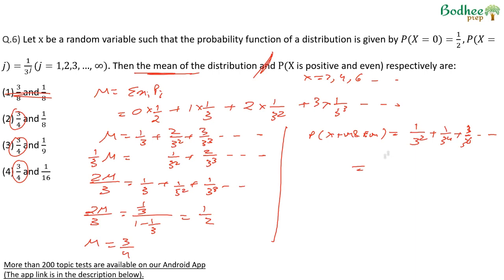Infinite GP is formed. The sum of this GP will be A upon 1 minus R. So 1 by 9 upon 8 by 9, which will come out to 1 by 8. This probability is 1 by 8, and therefore option 2 becomes the answer.